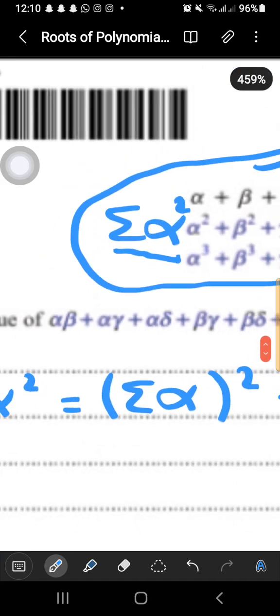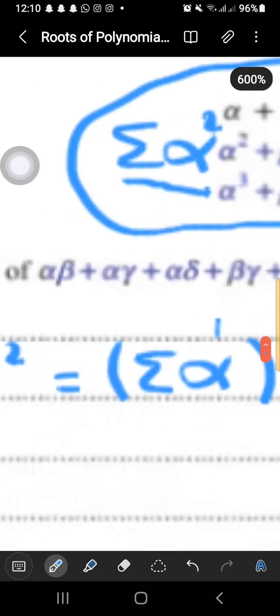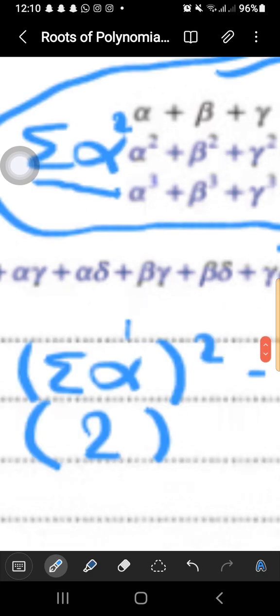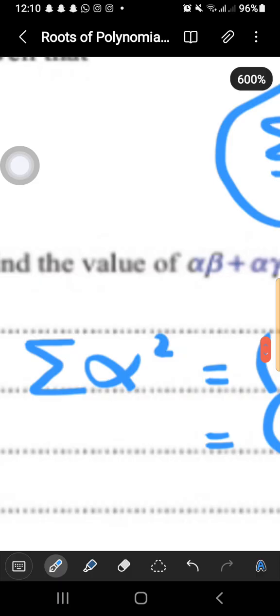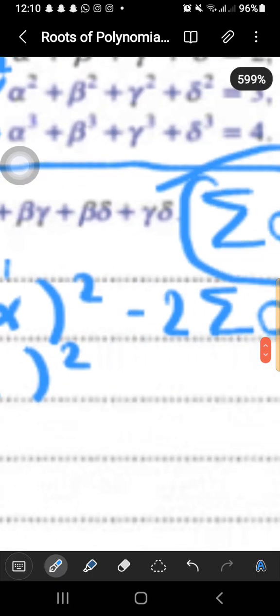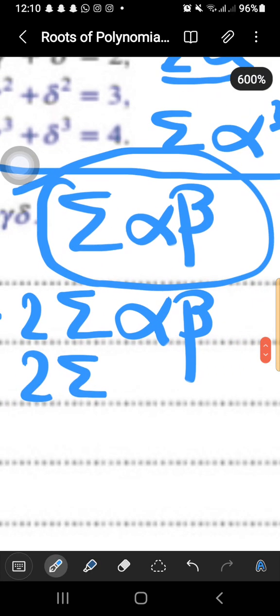Now in replacement of this we will write 2, here 2 whole square, and summation of alpha square was also given as 3. Here we don't know summation of alpha beta.